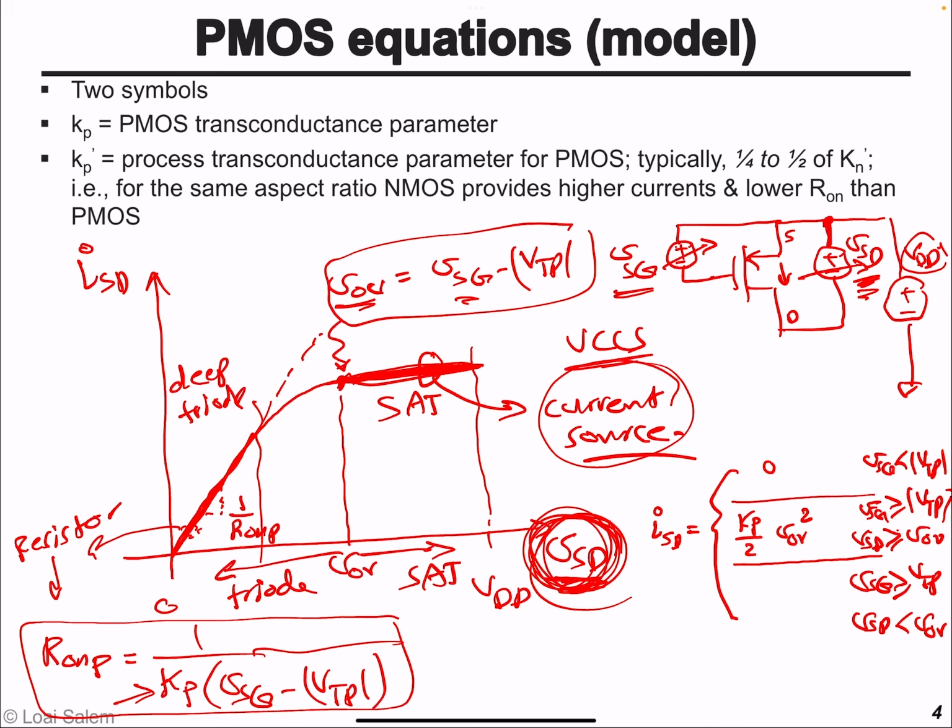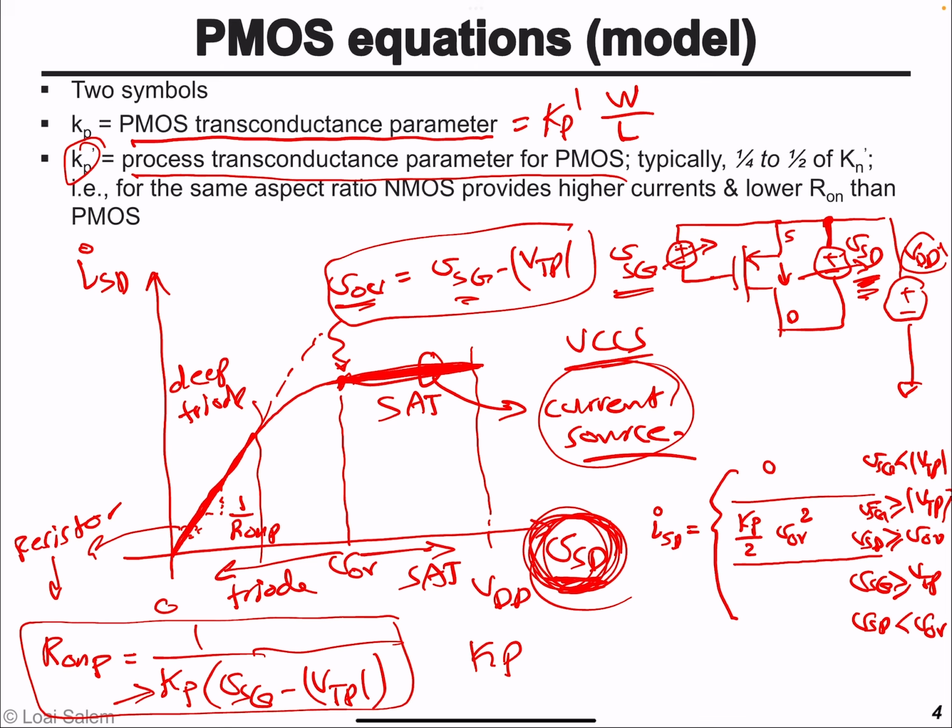And Kp, by the way, is called the PMOS transconductance parameter, and it's equal to Kp bar multiplied by the width of the PMOS divided by the length of the PMOS, where Kp bar is the process transconductance parameter for the PMOS.